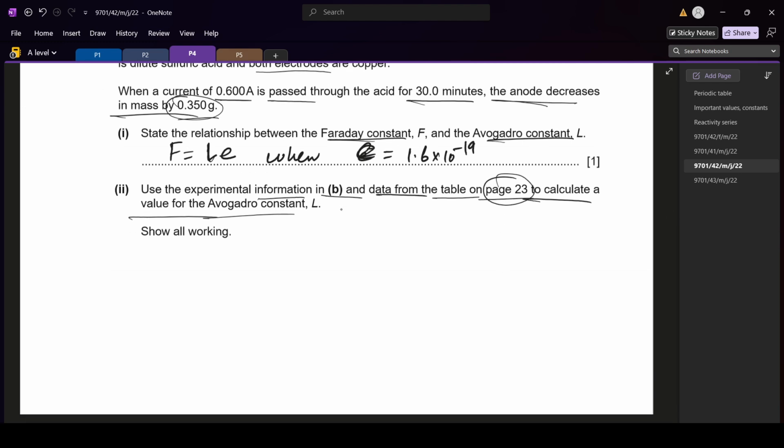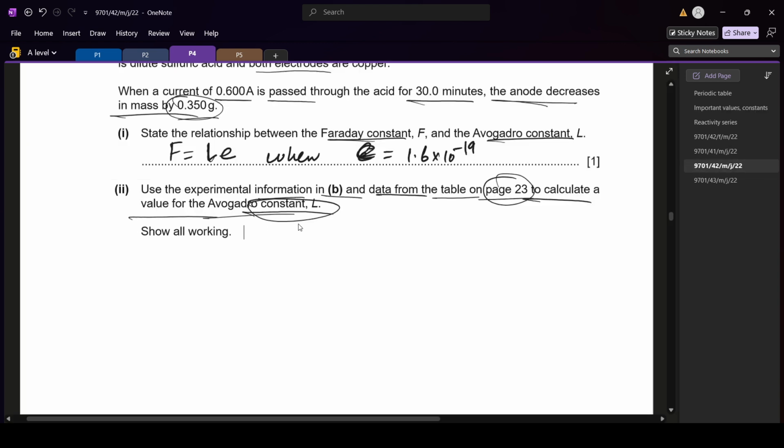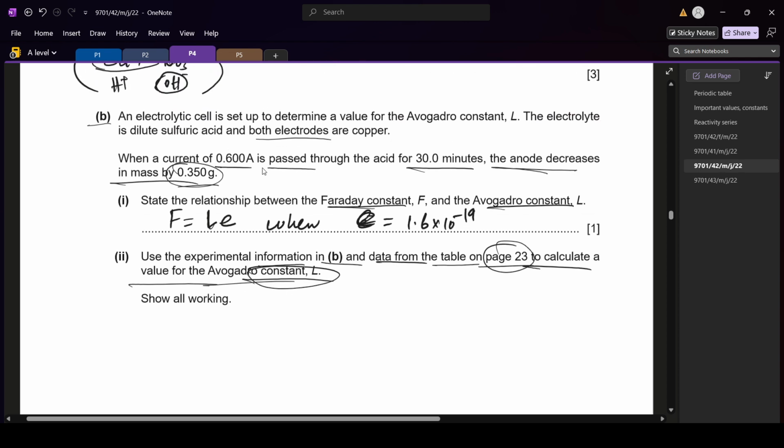Now you might wonder that the value of Avogadro's constant is given in these important values. But you will not write this value; we have to calculate it experimentally, because we are given some data.